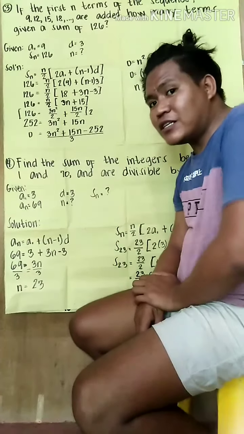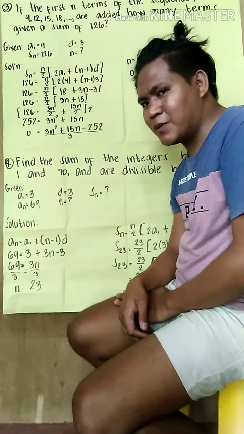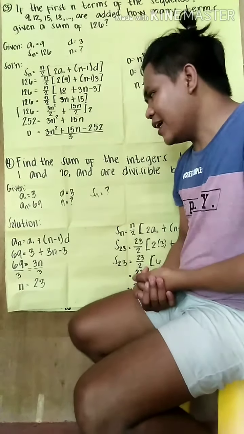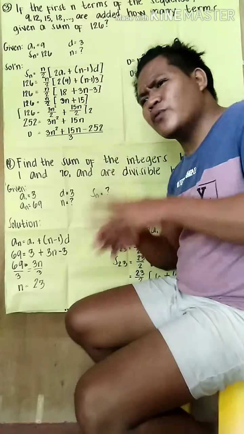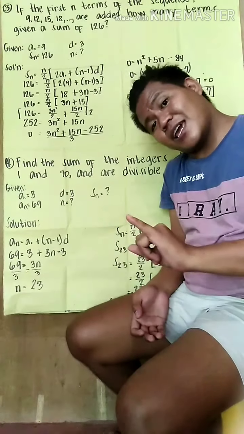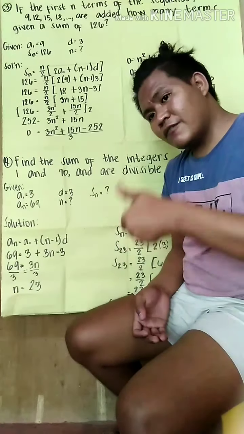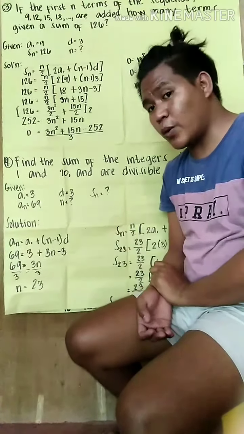So our first term between 1 and 70 is 3. 3 is divisible by 3, right? And if we list down all the numbers that are divisible by 3, it is 3, 6, 9, 12, 15, and so on and so forth.